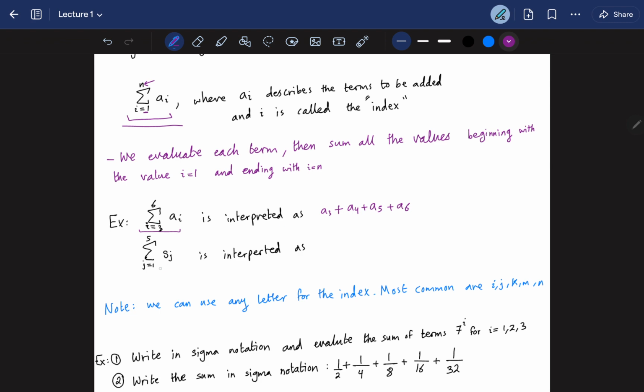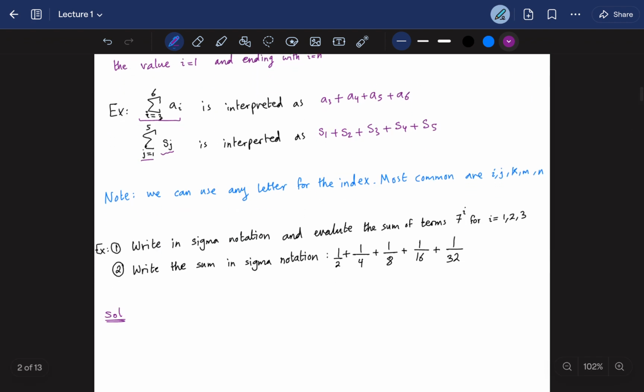Similarly, if I have the summation of s_j, where j goes from 1 to 5, I'm evaluating each term at each index, and then I'm adding them up. So this is s_1 plus s_2 plus s_3, s_4, and s_5. So it's just a notation.